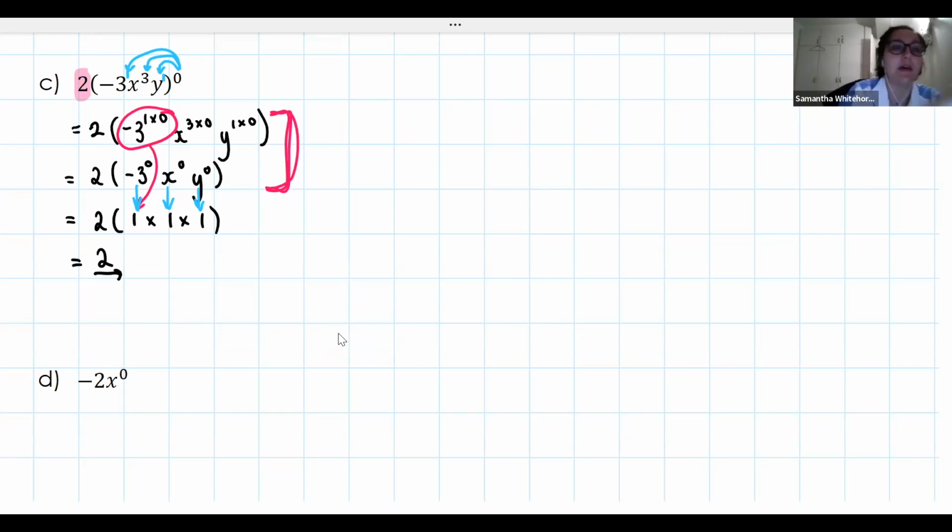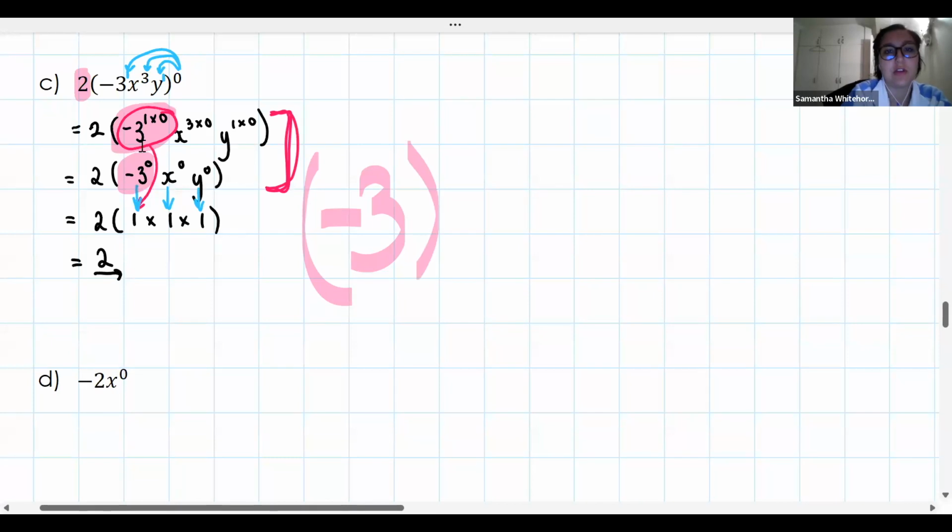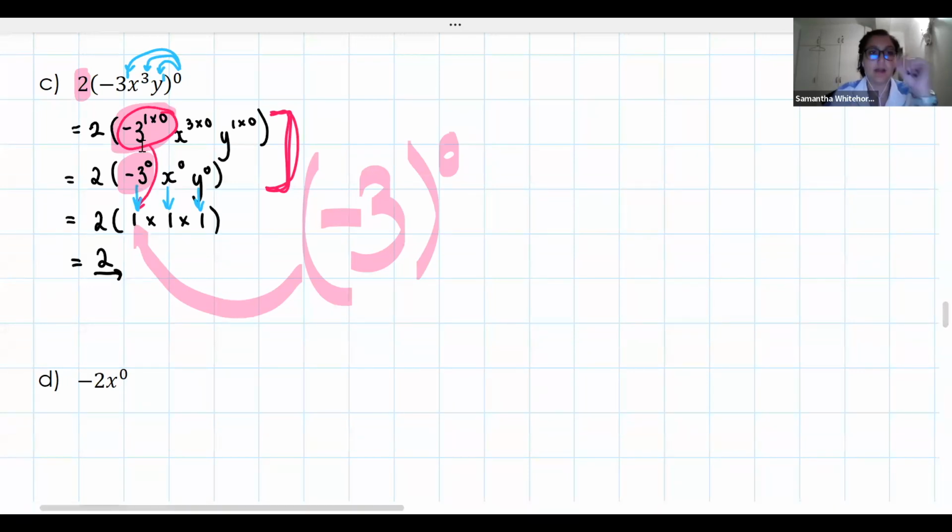Okay, so remember this -3 is raised, sorry, let's get this right. -3 is raised to the power of 0. Anything, even if it's negative, to the power of 0 is 1. So because of that exponent 0, it's 1. And so we've got 1 times 1 times 1. Oh, thank you, ma'am.